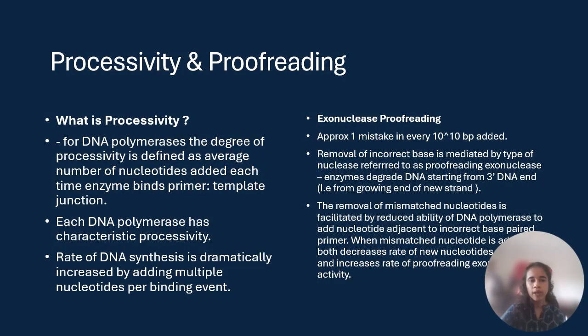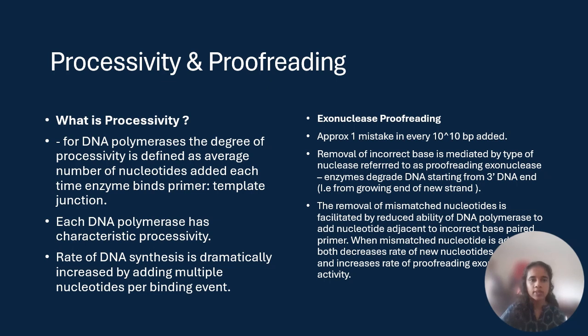Now, two things that you should know that are important when it comes to DNA polymerases. One is processivity. What is processivity? That is facilitated by the sliding ability of the DNA polymerases along the DNA template once it's bound to a primer template junction.